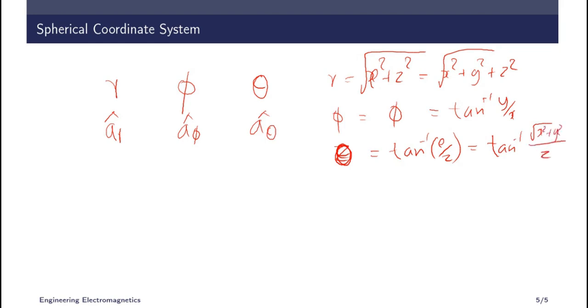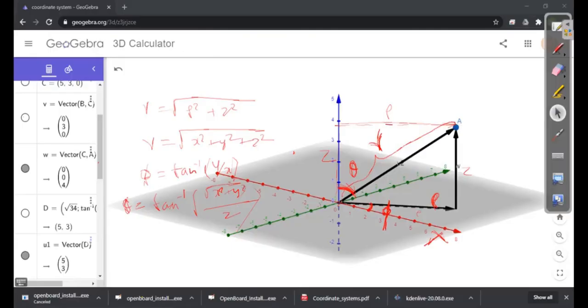So these are the three relationships we have between the cylindrical, spherical and Cartesian coordinate systems. Before finishing up, I would like to mention the direction of unit vectors of each coordinate system.